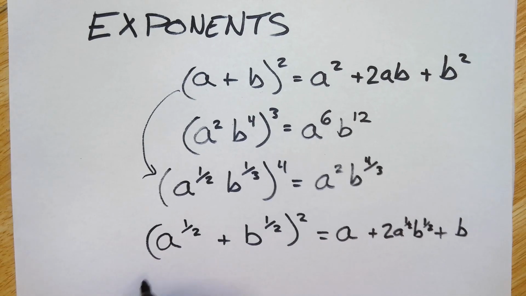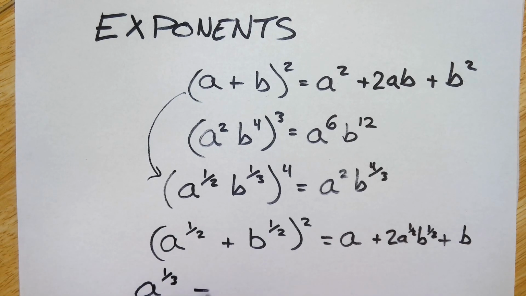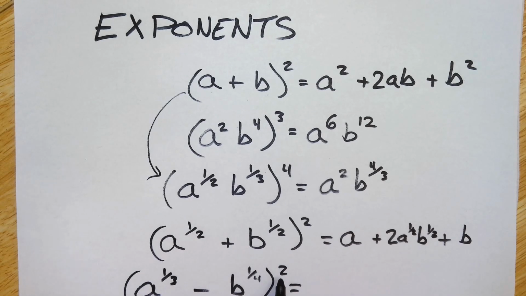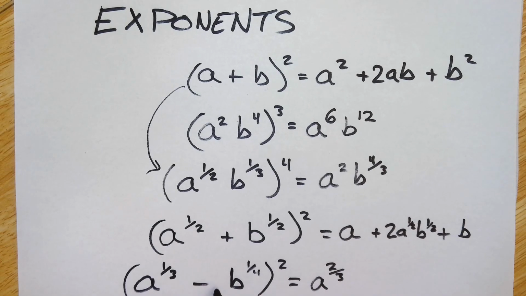So if I were to pick slightly different coefficients and slightly different exponents here, where I have a to the 1/3, but then I'm minusing b to the 1/4, and I square that, this becomes a to the 2/3. The end term is a positive b to the 1/2.